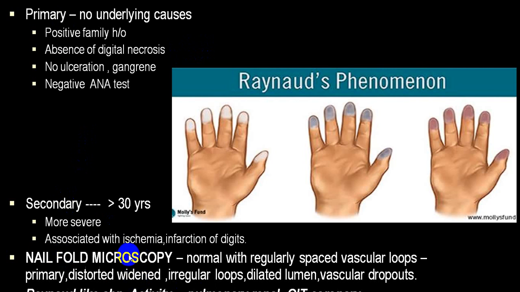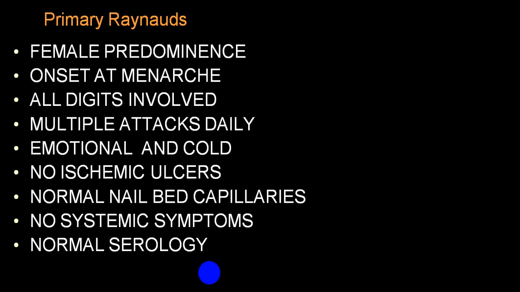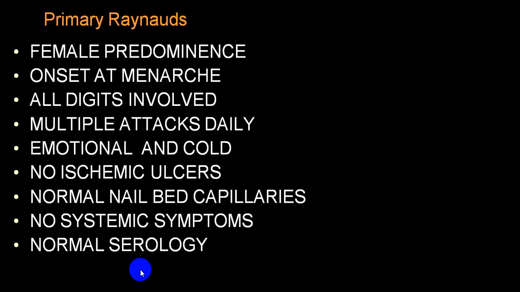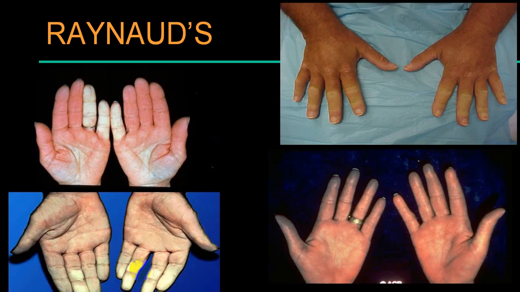You will have a nail fold microscopic appearance where you will see capillary dilatation and dropouts in the diffuse variety, and capillary dilatation only in case of the systemic variety or limited variety. These are all the findings you can come across in primary Raynaud's. These are in secondary Raynaud's. So go through this. We'll be discussing it in Raynaud's.